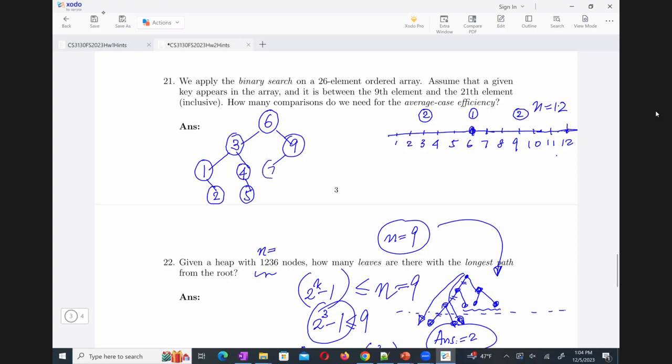Then 11, 10, 12. All right, so that's the binary tree we draw corresponding to the binary search for this question.